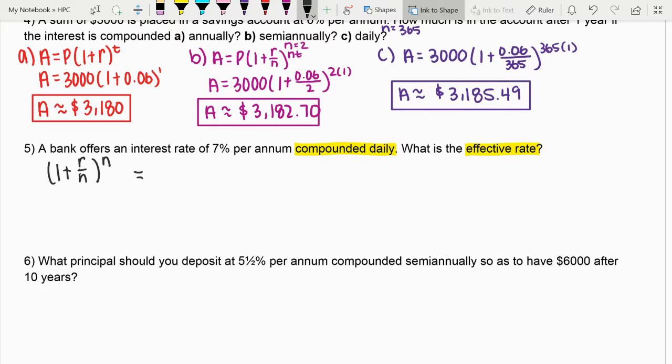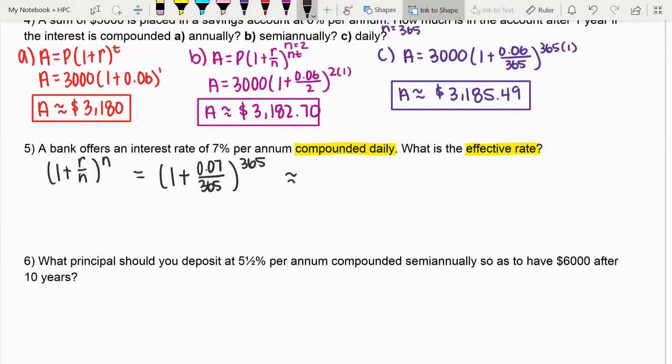Okay? So we'll have 1 plus the rate is 7%, so 0.07. And then it's compounded daily, so that's telling us that n is 365, and then we're raising it to the power of 365. So go ahead and type that into your calculator.